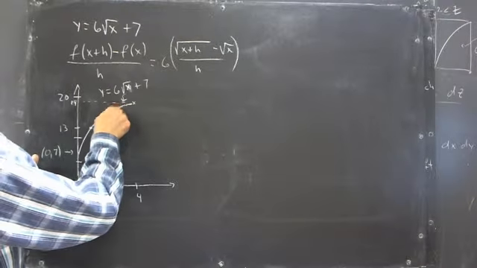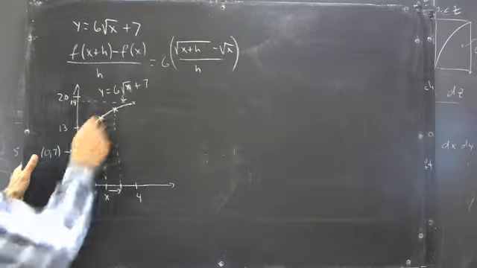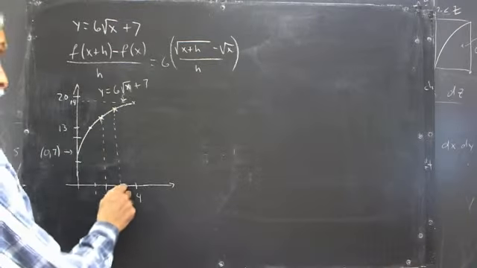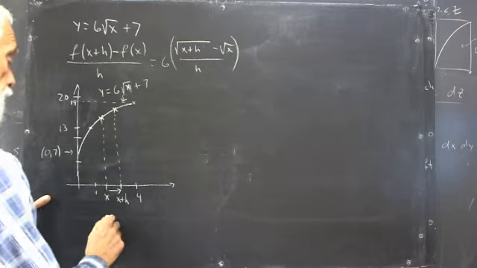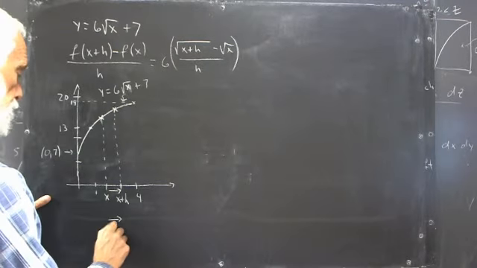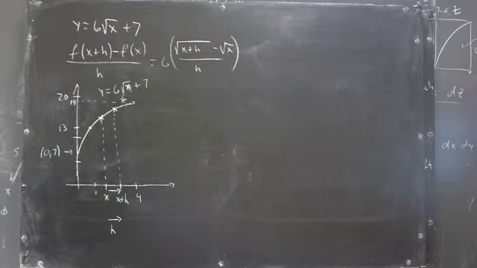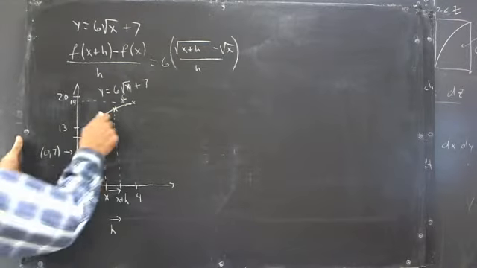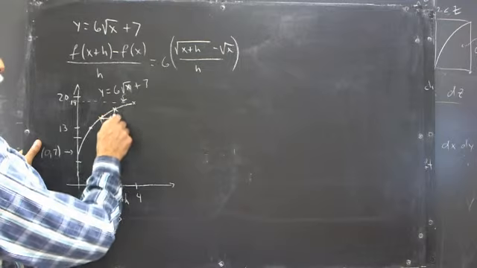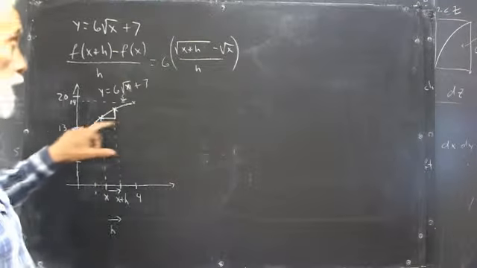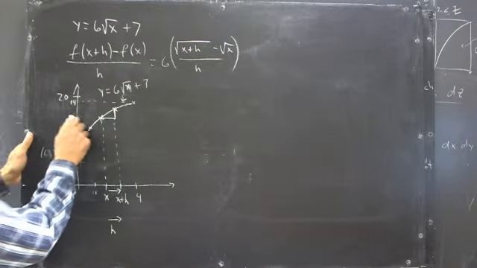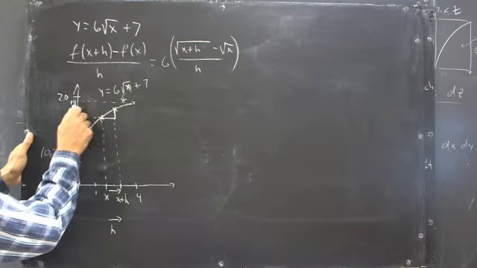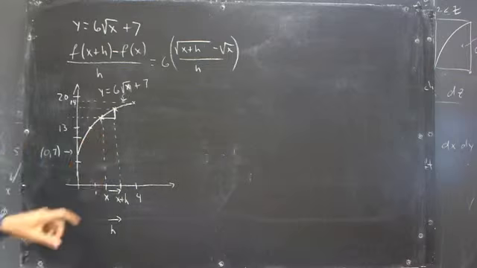Okay, now we get a point on the graph for x, and we get a point on the graph for this point, which has coordinate x plus h, and this little arrow here represents displacement equal to that of h. So up here now we have a right triangle for which we can calculate the slope. Now let's label a couple of other things. Let's label the y coordinates, okay?